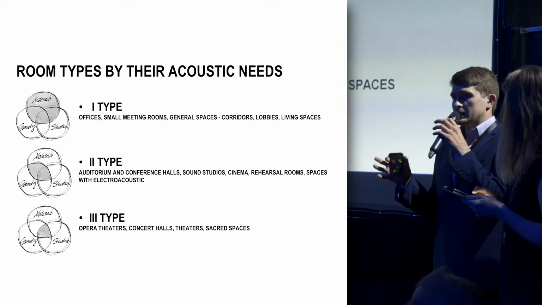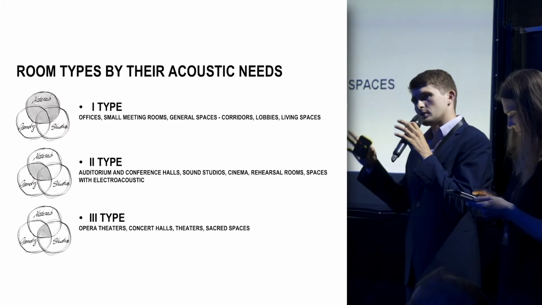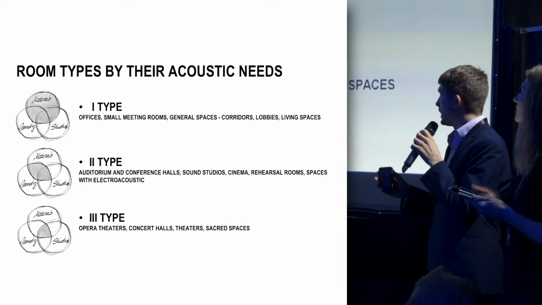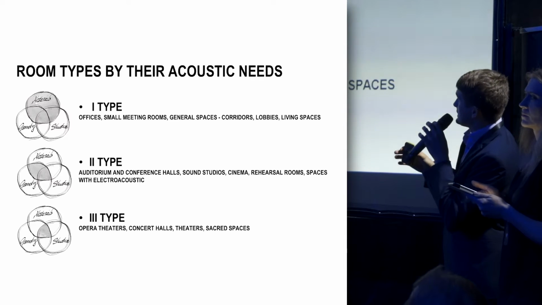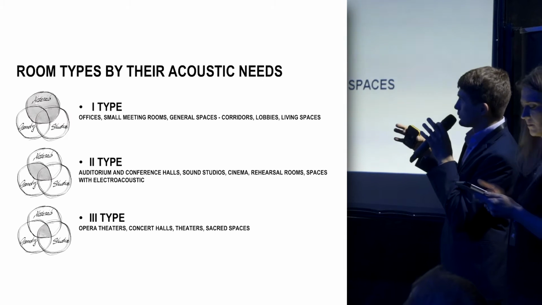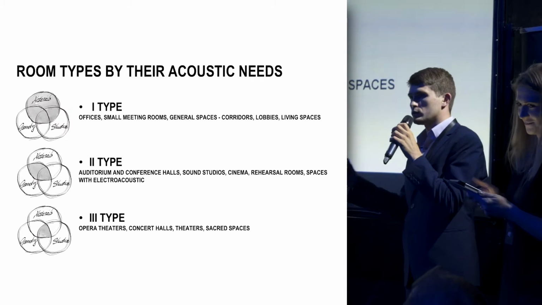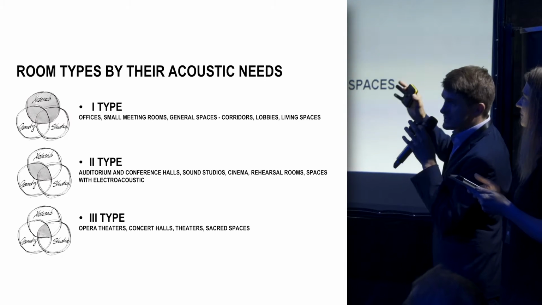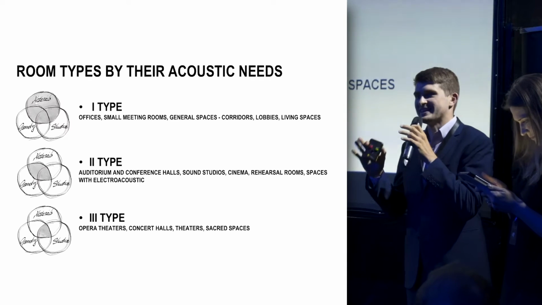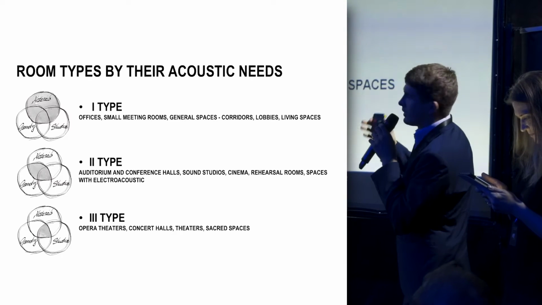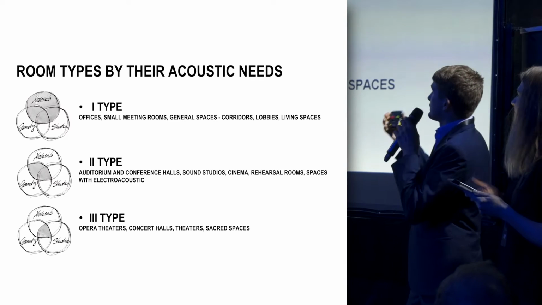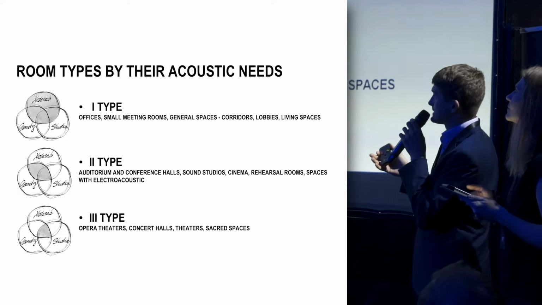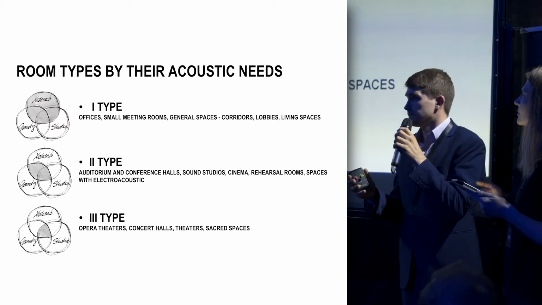We have prepared some clues. It is not a rule, it is only a hint for you. We divided spaces into three types according to acoustic requirements. First type, the easier one: offices, general spaces, corridors, lobbies, living spaces, small classrooms.